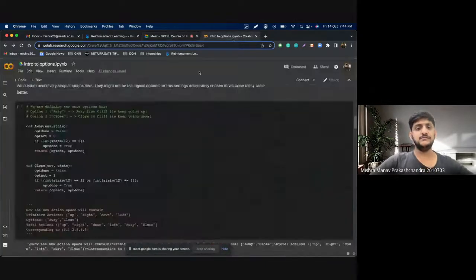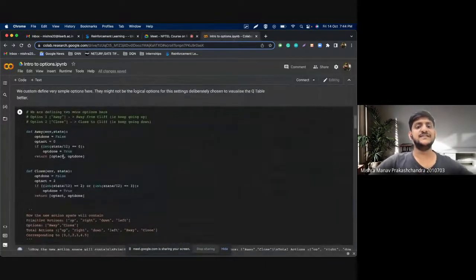What this if condition tells me is that I continue to use the away option, so I continue to move up, until my opt done is true. My opt done becomes true when my state divided by 12 equals 0.